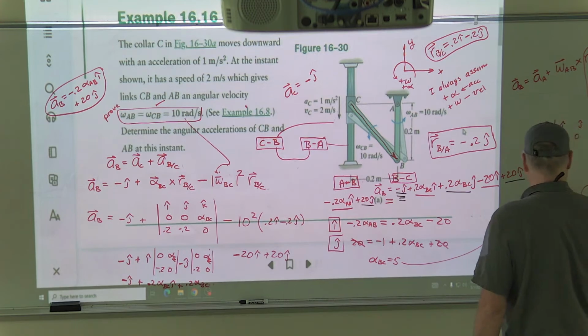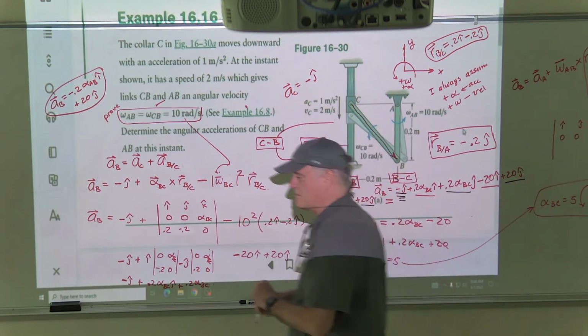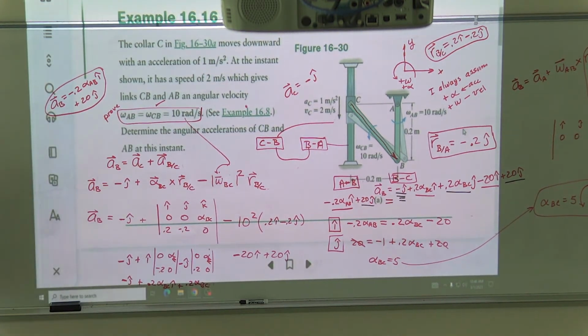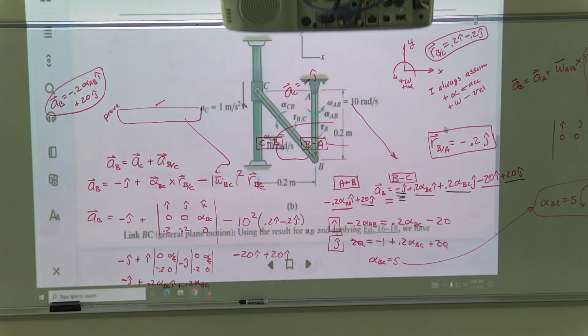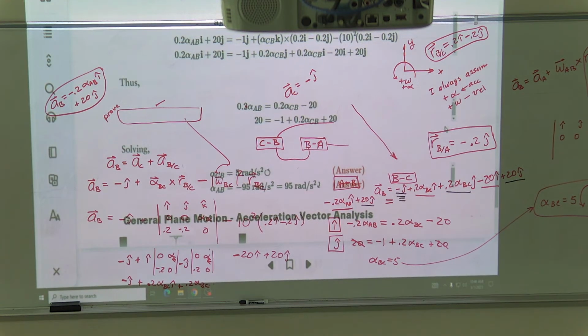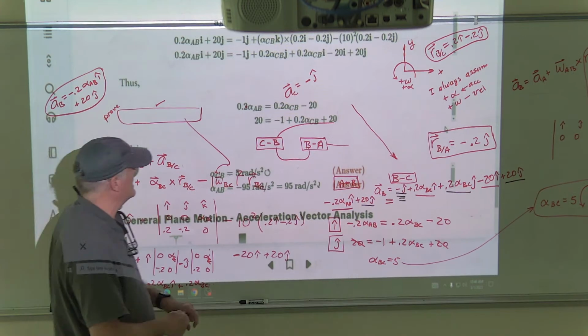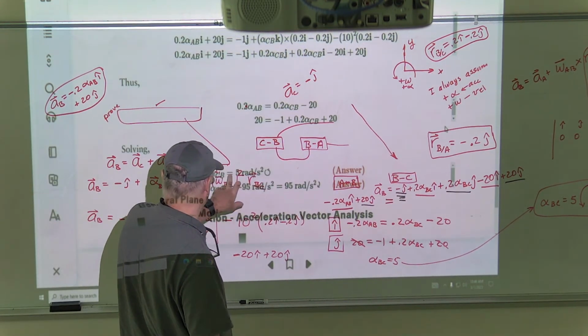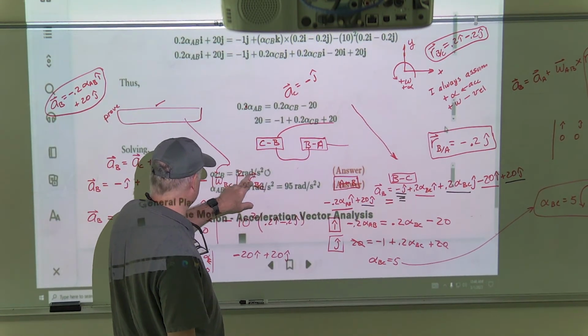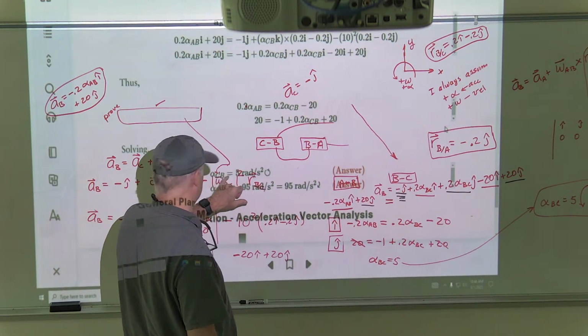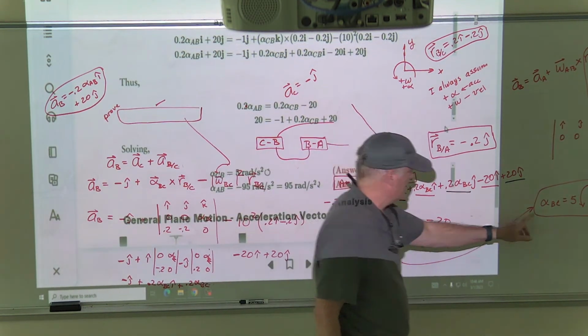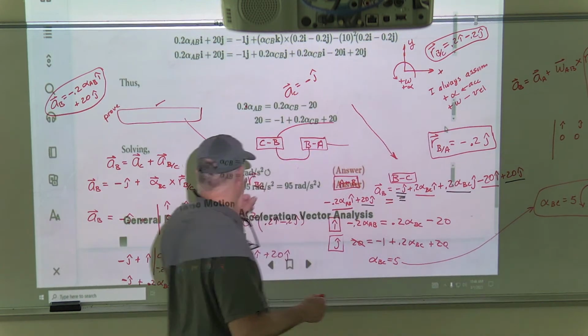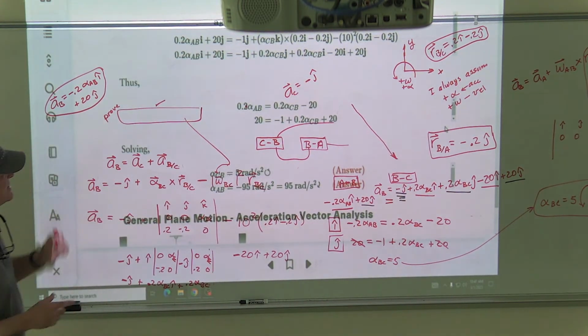So let's take a look and see if his answer showed up that way. So we both got the right answer. We both did it correct. But what he did is he did something interesting. Alpha BC, CB, which BC and CB are the same. We got the same answer, but his equation looked different.